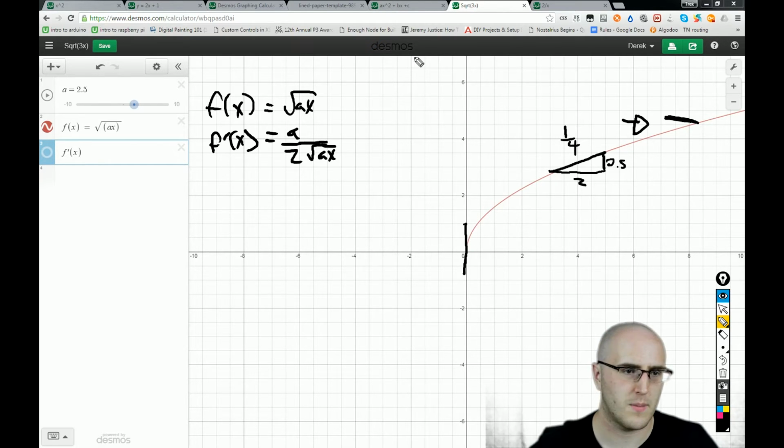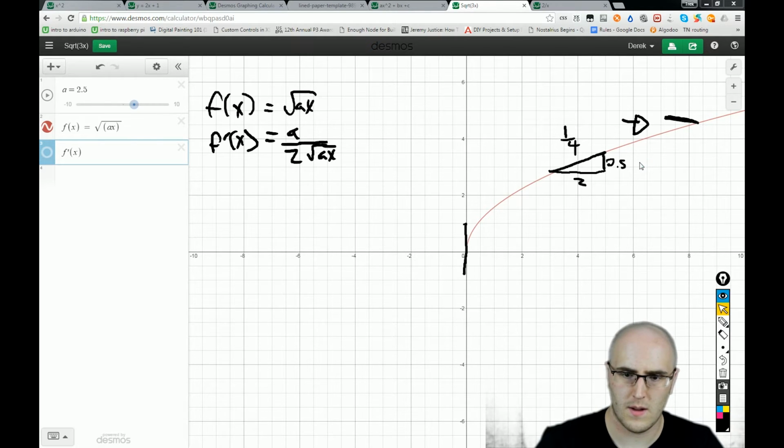Let me bring up the calculator real quick. So 2.5 divided by 2, and divided by the square root of 10, which is about 3.3. It's a little bit more, but it's close.